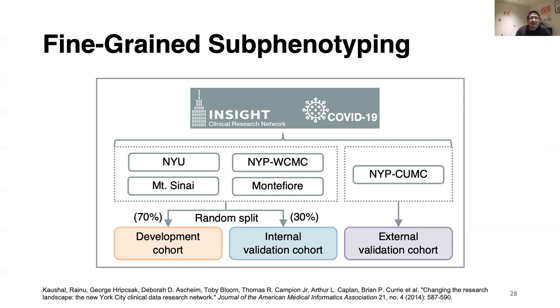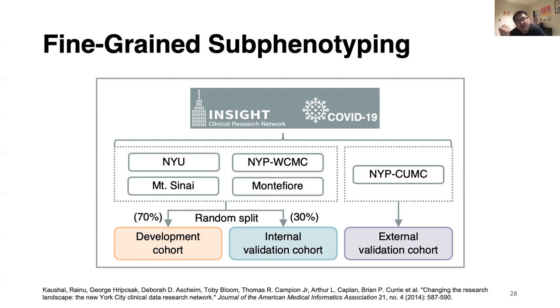So we basically think of the subphenotyping problem as a clustering process where we take the lab test profiles of the patients at the admission date, which is the date when they were confirmed with COVID-19 according to the RT-PCR test or a diagnosis code.